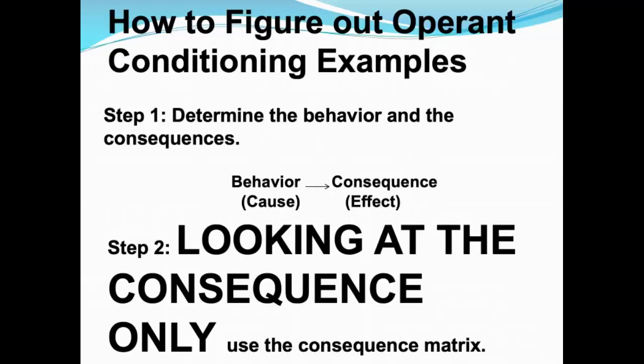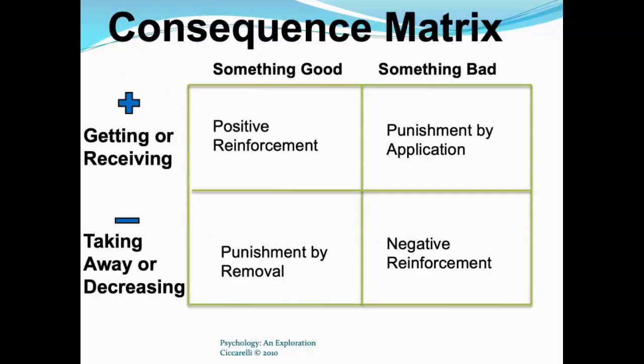Okay. There are these examples here to help you understand or figure out positive reinforcement, punishment by application, punishment by removal, negative reinforcement. And again, I don't love when you say something good, so we'll sort of change this to something favorable, right? Just to make it make a little bit more sense.